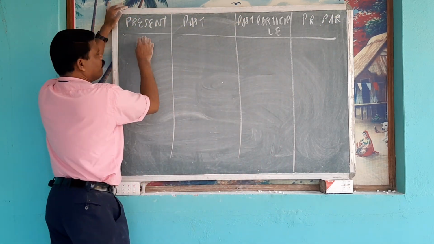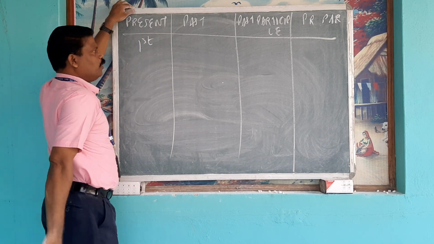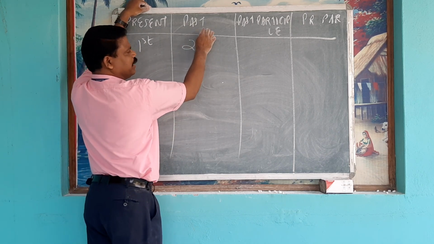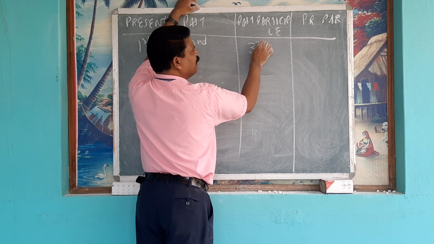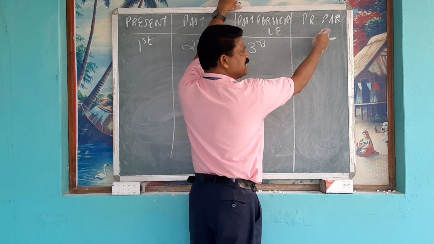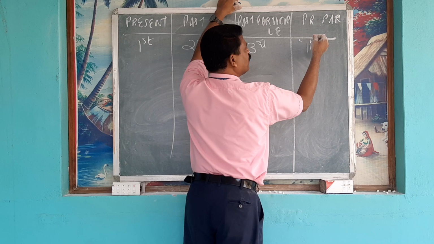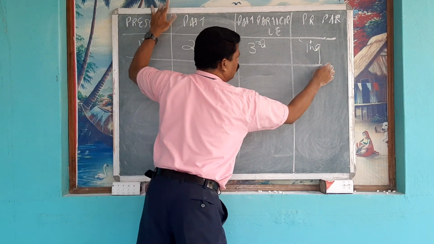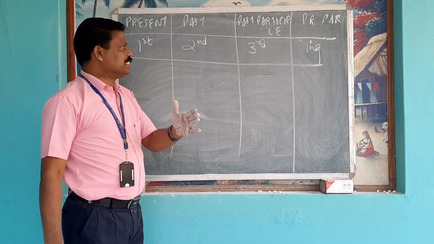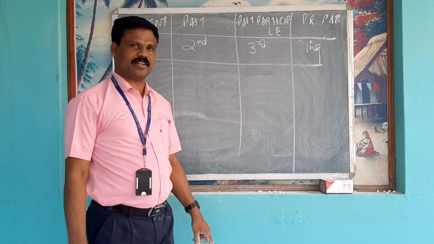It means the verb base form is the first form, past is the second form, past participle the third form, and present participle the ing form. So we shall learn it in detail in the next session. Thank you.